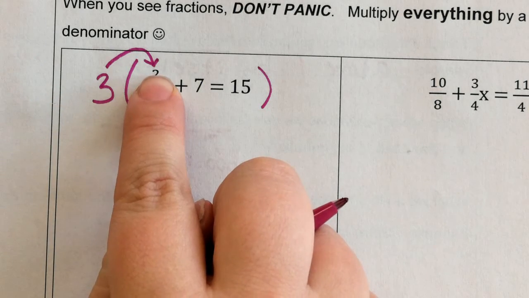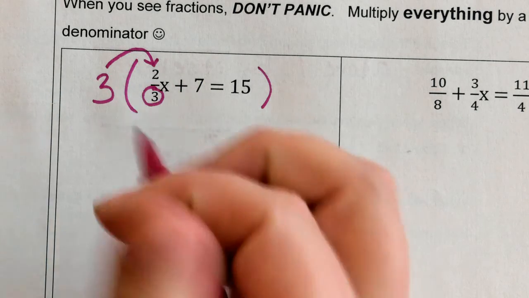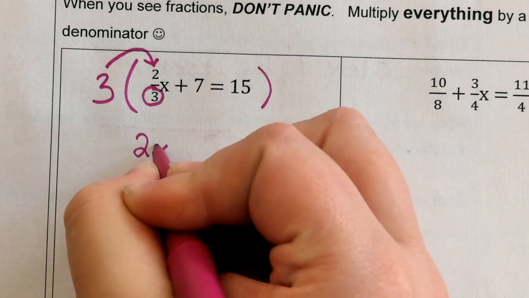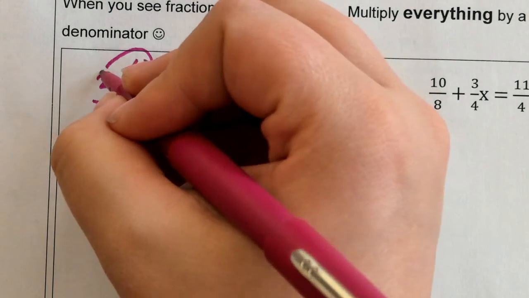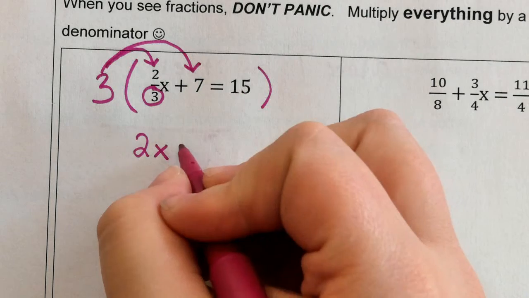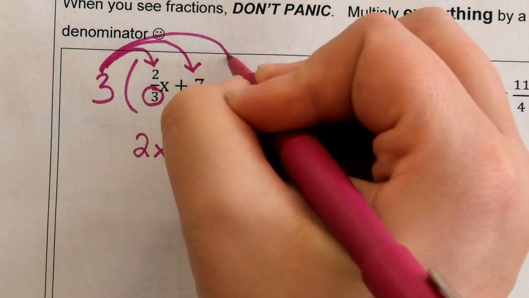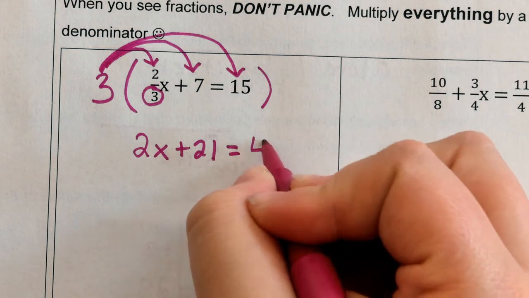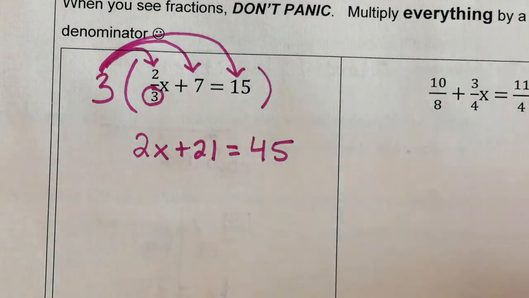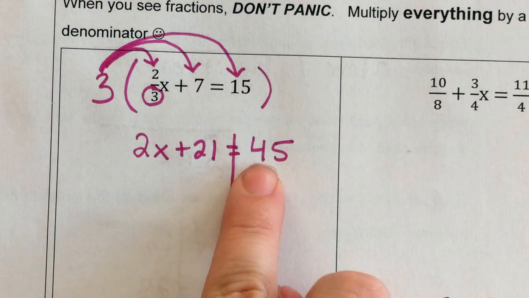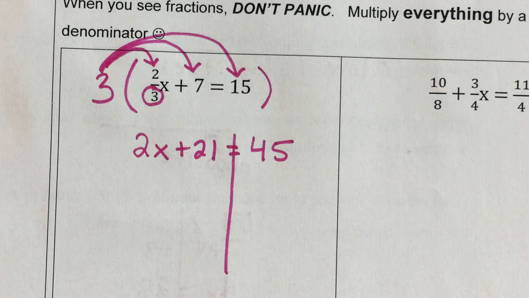Well, 3 times 2 is 6. 6 divided by 3 is 2. It's going to become 2x. 3 times 7 is 21, and that equals 3 times 15, which is 45. And now my new equation has no fractions. I've gotten rid of it.